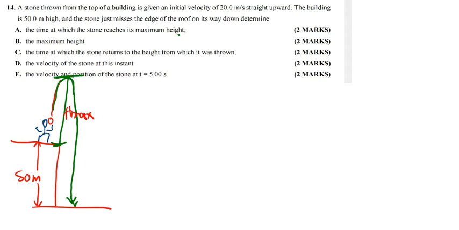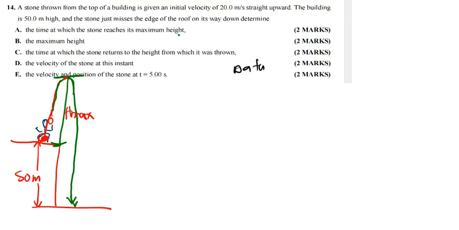So the first question is to determine the time at which the stone reaches its maximum height. So we want the time from where it was thrown all the way to the maximum height. It was going up.